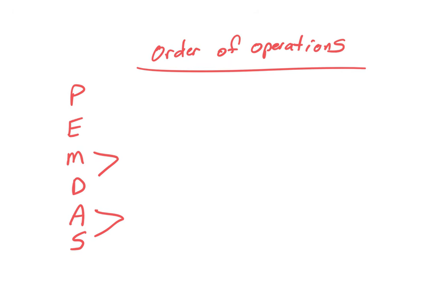P represents parentheses. Okay? That's just the way we've learned it, so I'm going to stick with that, but it's not just parentheses, it's any grouping symbol.